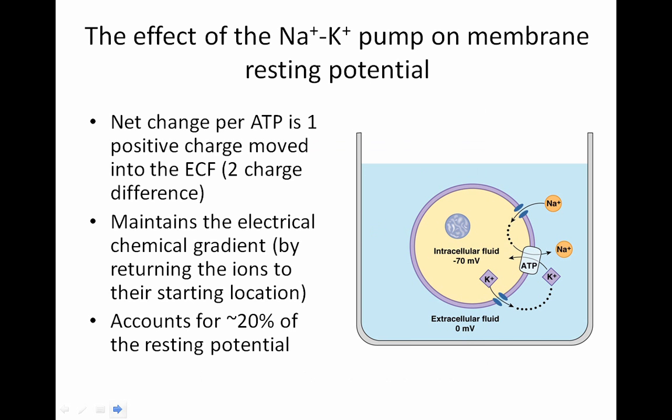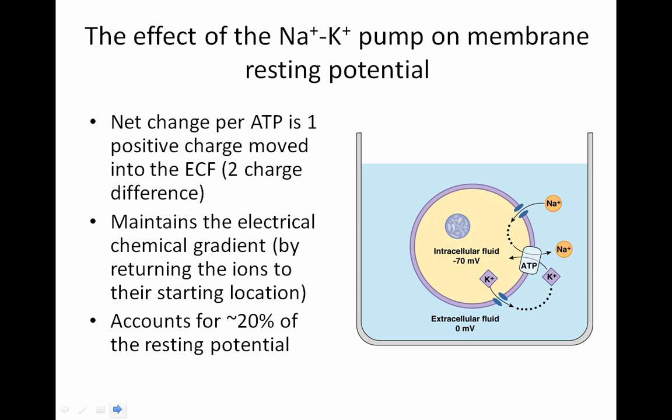Now, I've also talked about the sodium-potassium pump being in cells. If we just allowed sodium and potassium to move down their gradients, eventually everything would reach some degree of equilibrium. Nothing else would happen. But we have the sodium-potassium pump to make sure that we're constantly moving the ions back against their gradient to put them back into position so they can move back down the concentration gradient.